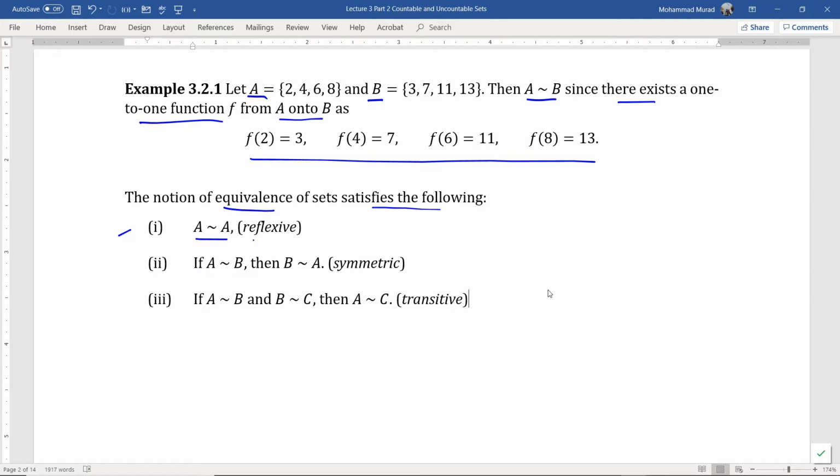This property is called the reflexive property because there exists a map from A onto A, which is called the identity mapping, defined by I(a) = a for all a in the set A. So it takes an element from the set A and produces an element in the set A. And this identity mapping is one-to-one and onto. So every set A is equivalent to itself.